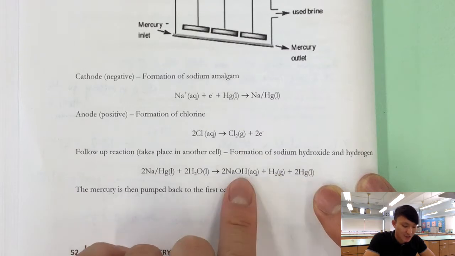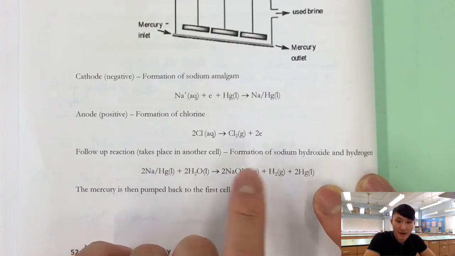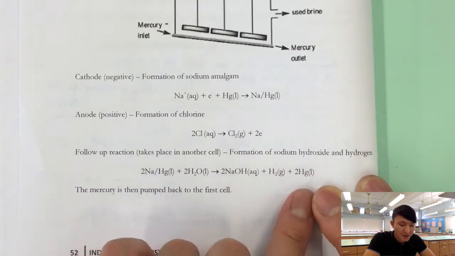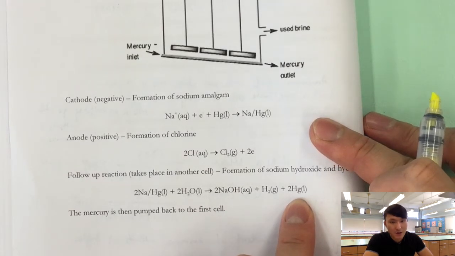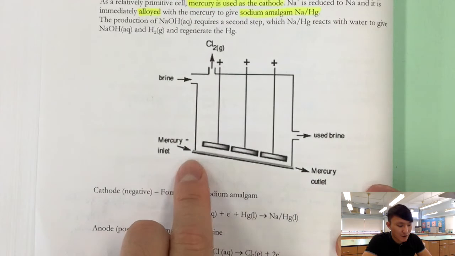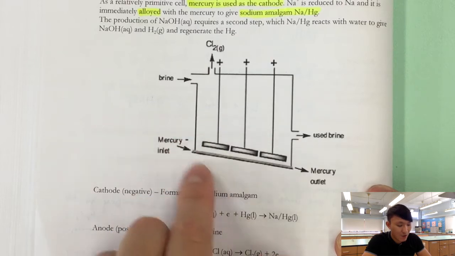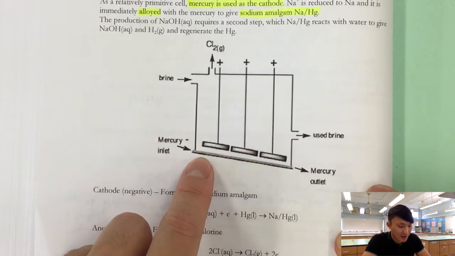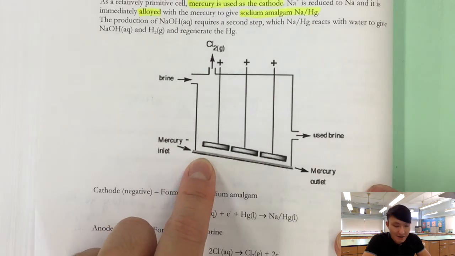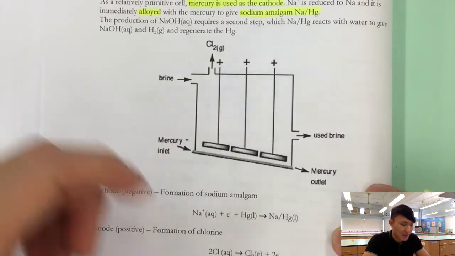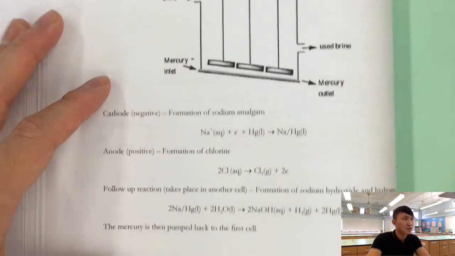So this is how we get the other two major products. The mercury liberated will obviously be pumped back to the first cell, and it will again act as the cathode, and obviously it will be forming sodium amalgam again. Right? So this is how it works.